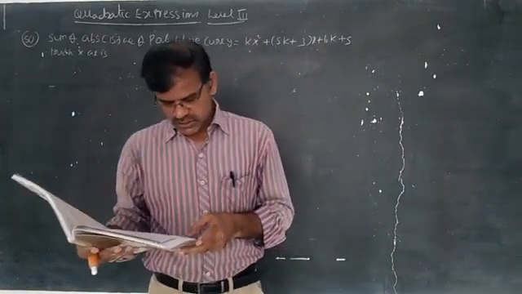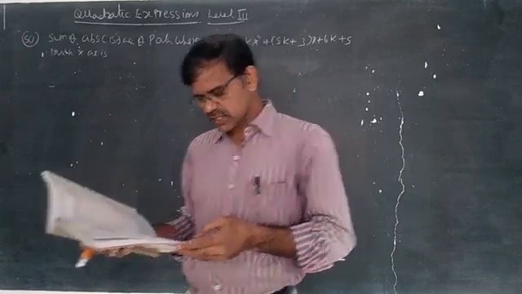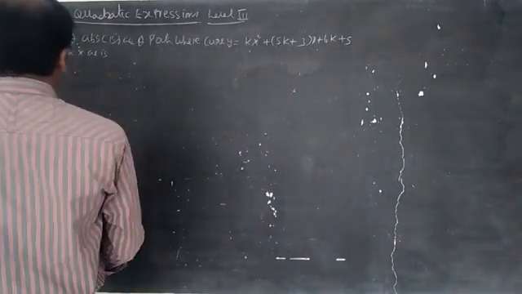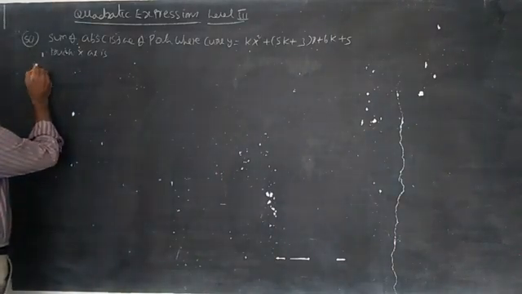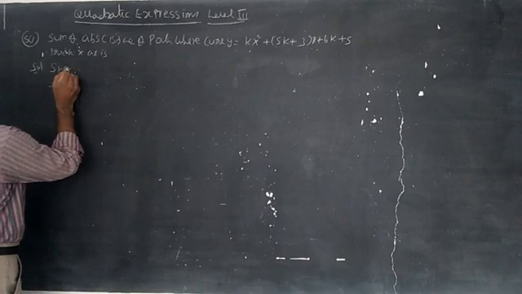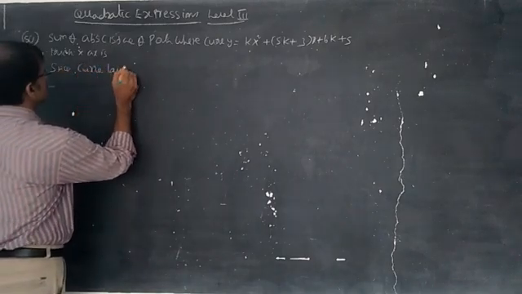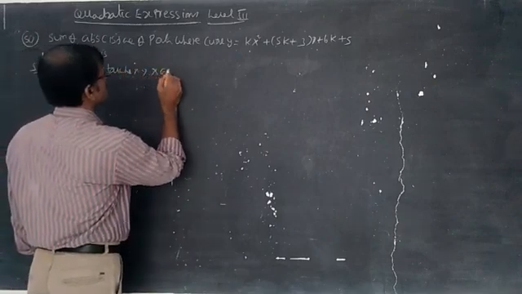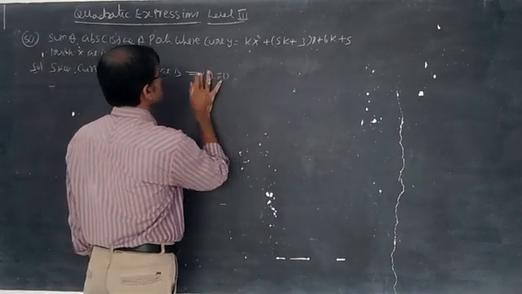Now, let us discuss the concept of the curve touching the x-axis. Whenever the curve touches the x-axis, then y is equal to 0. Since the curve touches the x-axis, that implies y is equal to 0.